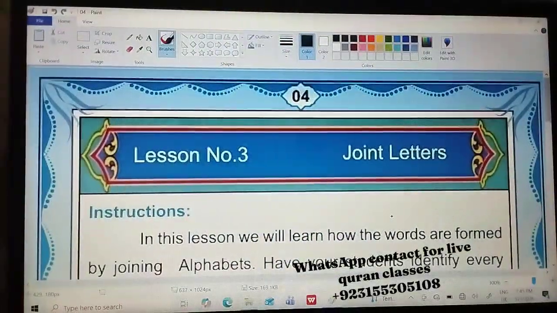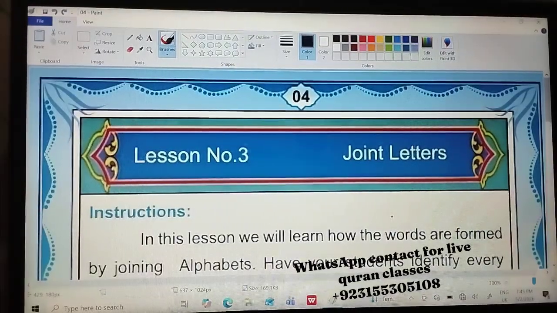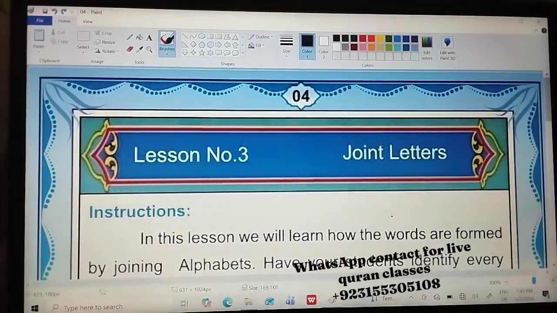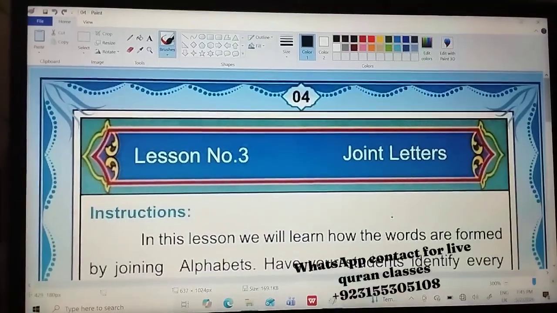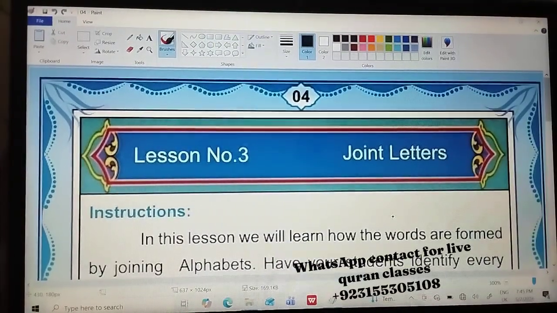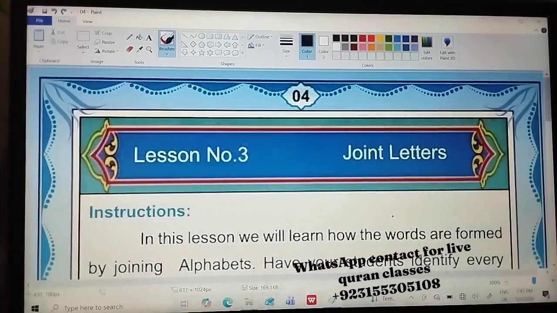Alhamdulillah, students. We have read chapter number one, the alphabets, very clearly, and hopefully we also understand A to Z how to pronounce the letters, what is the sign of the letters, and what is the Arabic essence, how to read and pronounce the letter, and what is the difference between two letters, three letters.